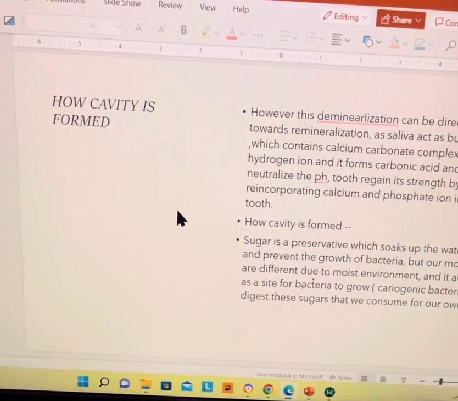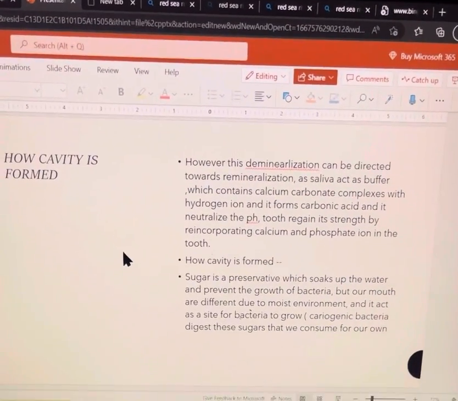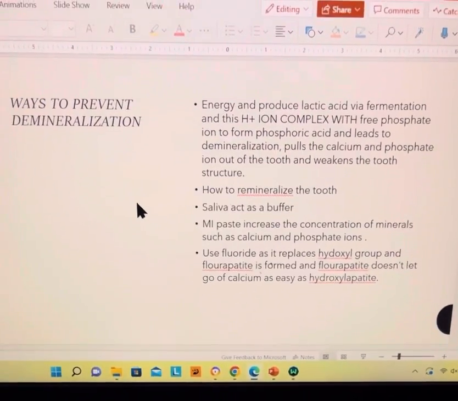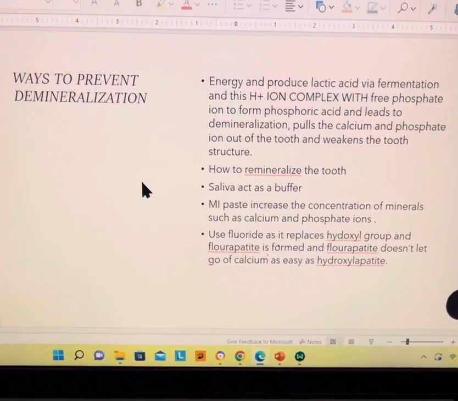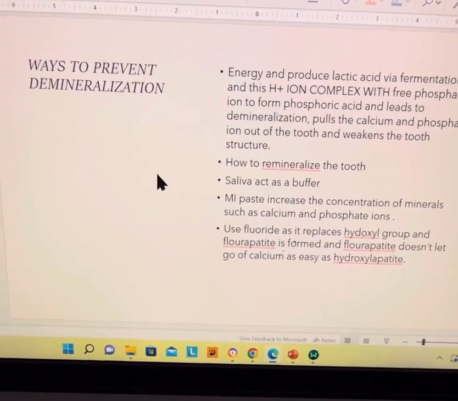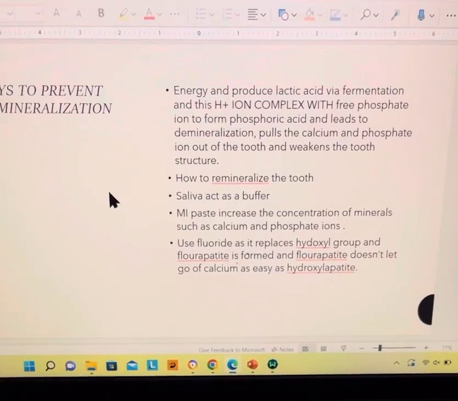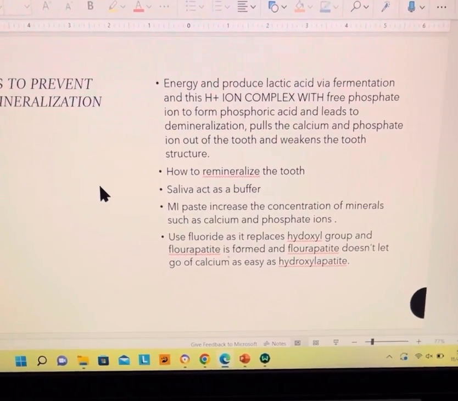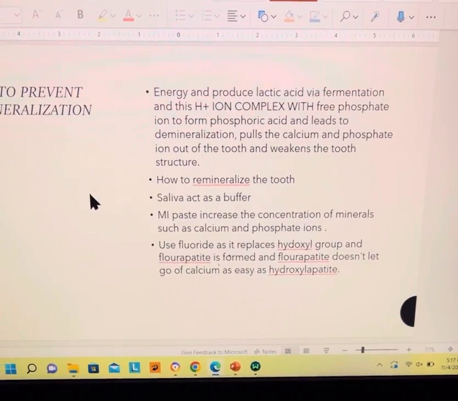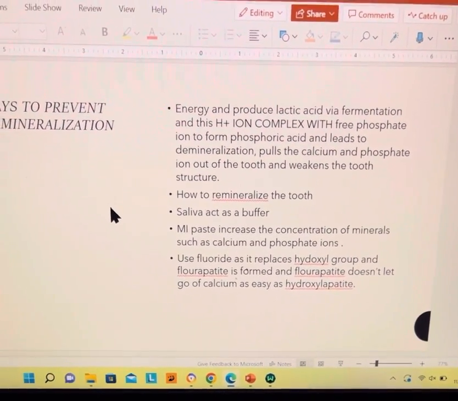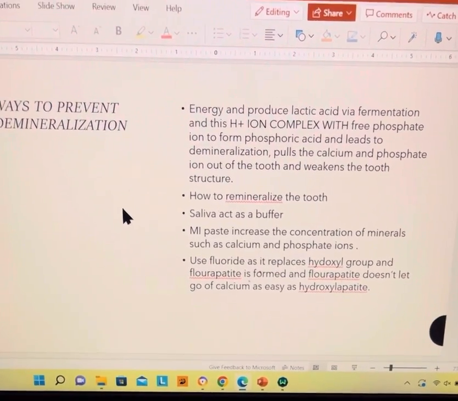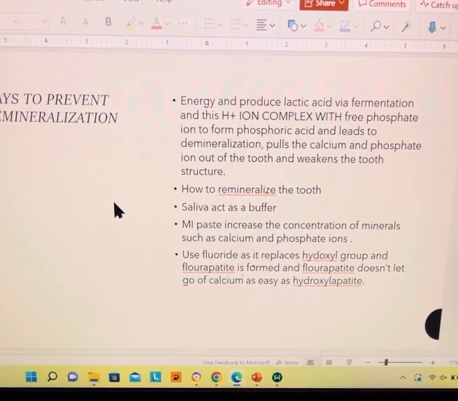Cariogenic bacteria digest the sugar we consume for our own energy, and they produce lactic acid via fermentation. This hydrogen ion combines with the free phosphate ion to form phosphoric acid, and from here the demineralization starts. This pulls the calcium and phosphate ions out of the tooth, leading to weakening of the tooth structure.